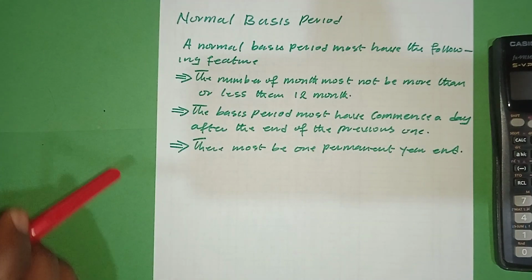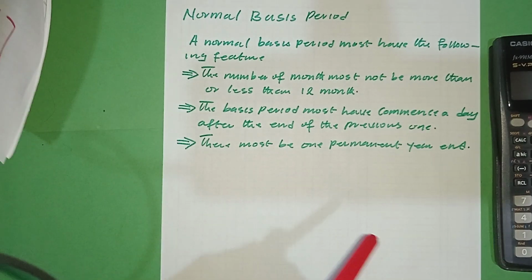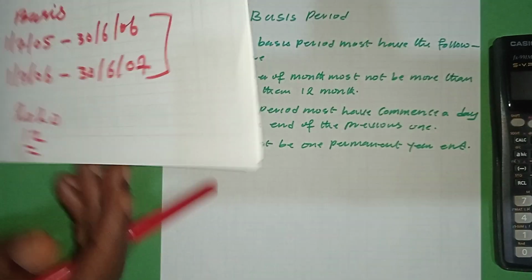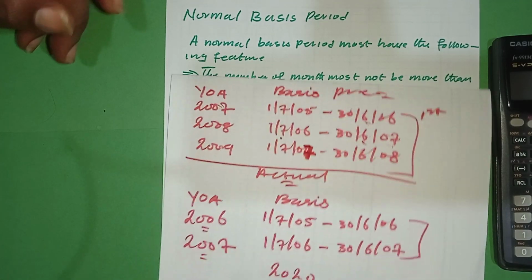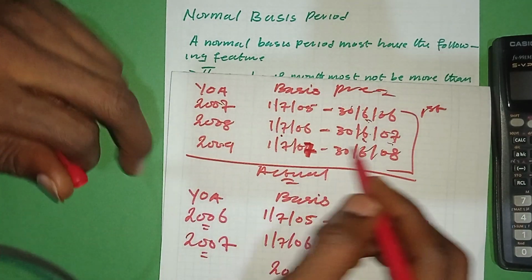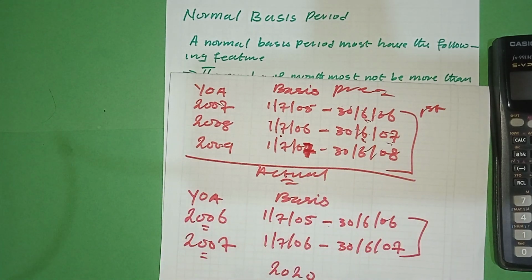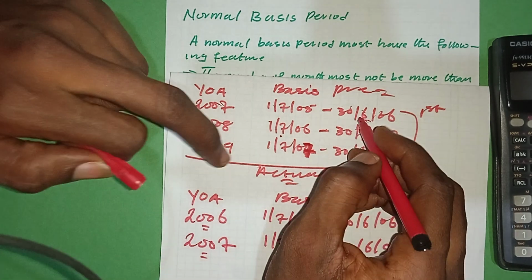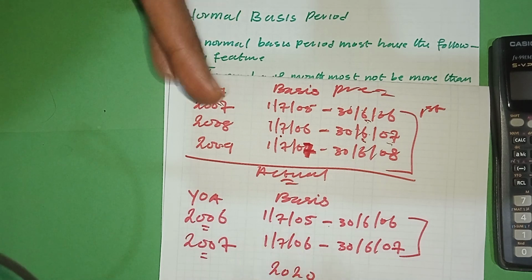Now, the third, there must be one permanent year end. If you check it, you find out that the permanent year end here is 30th July. It's supposed to be 31st. July is 30th to 31st, so check your calendar.